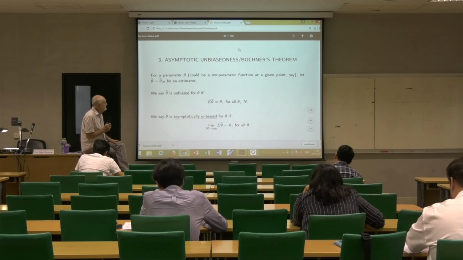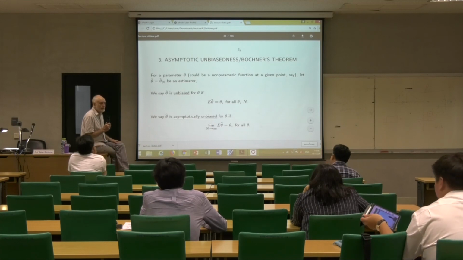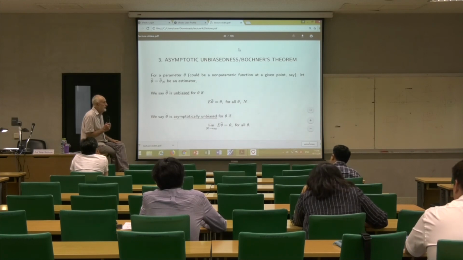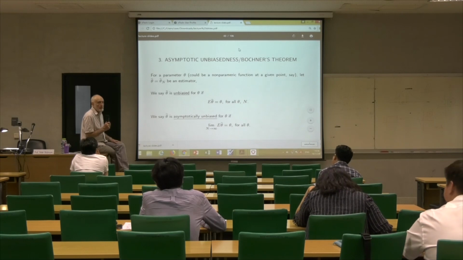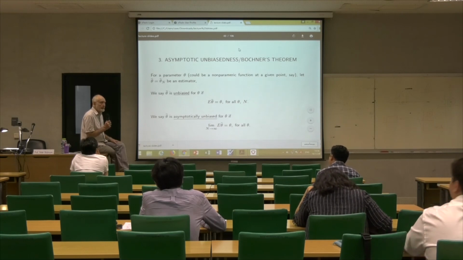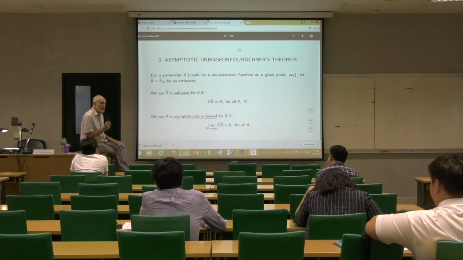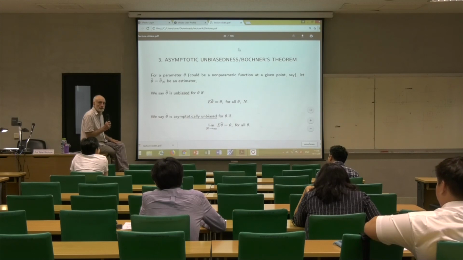But that includes even small finite values of n, and it's very rare that we can achieve that property with many statistics because a lot of them are complicated functions, and it's not easy to take the expectation of a ratio of random variables. The expectation of a ratio is not in general the ratio of the expectations.